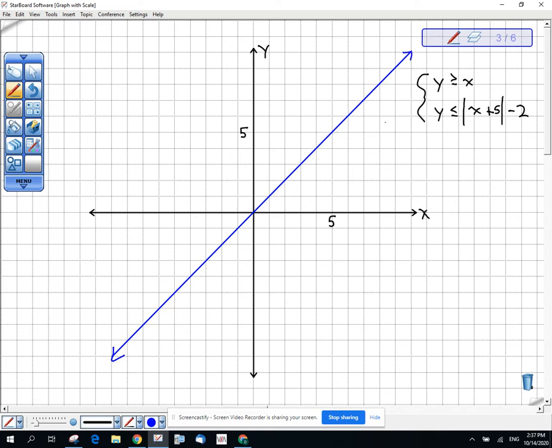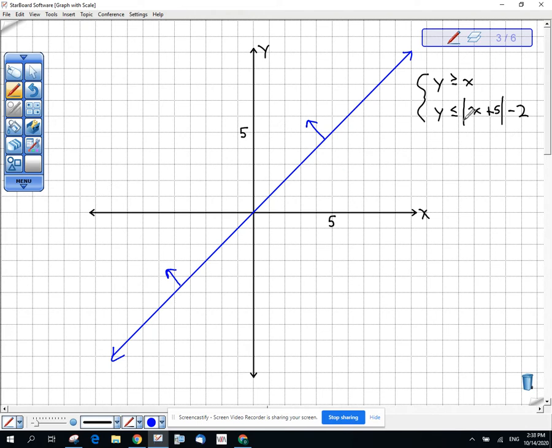Okay, and I said a minute ago you can use the origin as your test point as long as the line doesn't pass through the origin. Well, this one does, so you wouldn't want to plug in the origin here. You'd just get 0 equals 0, and it wouldn't really explain anything to you. But you could use 1, 0, right? Plug 1 in for x and 0 in for y. Is 0 greater than 1? No. So we're going to shade the other way. But yet again, greater than is up, and that's the other reason why.